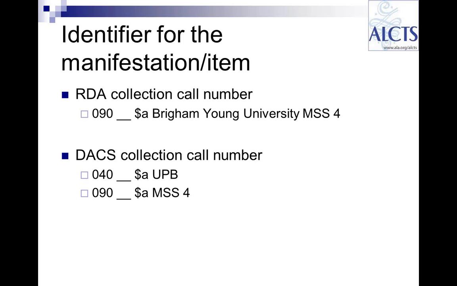The ISO recently put out a new standard for the International Standard Collection Identifier, or ISCI. It may be that identifier scheme will also inform how this evolves over time. But again, right now there's some divergence between these two sets of rules on how to record a collection call number or an identifier for the manifestation or item.